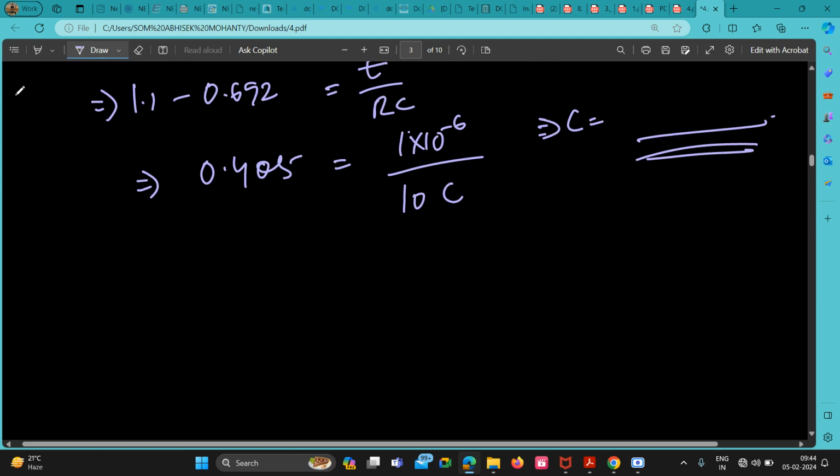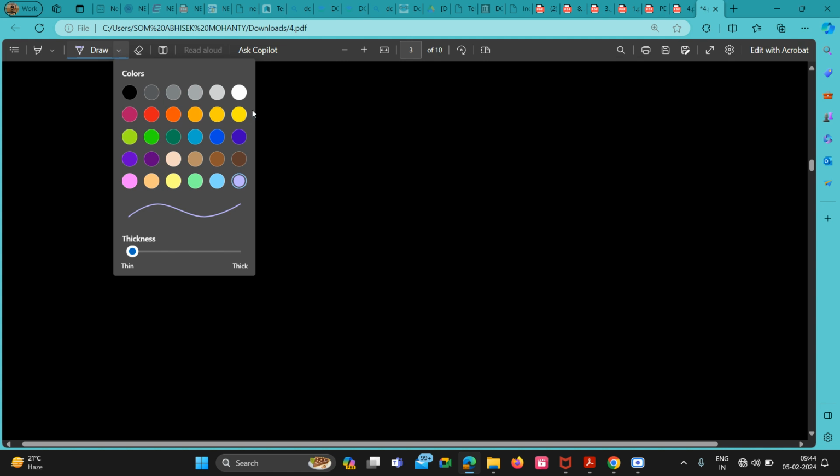So that was question number 2. Question number 3 is a similar type of question. A capacitor charged to 50 volt is discharged by connecting the two plates at t is equal to 0.